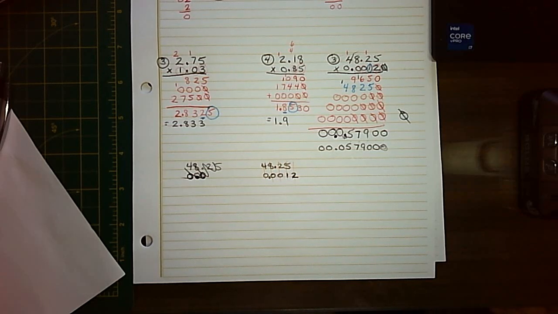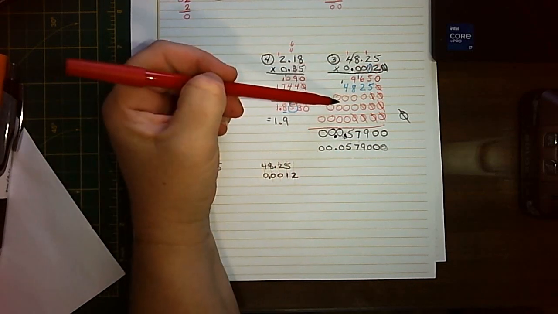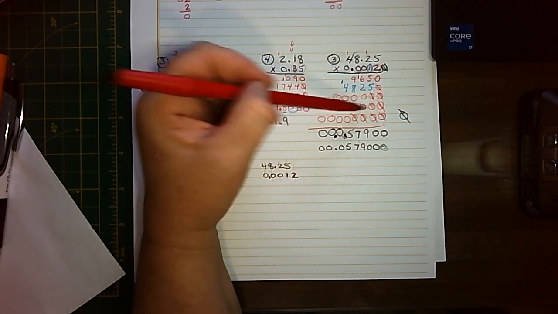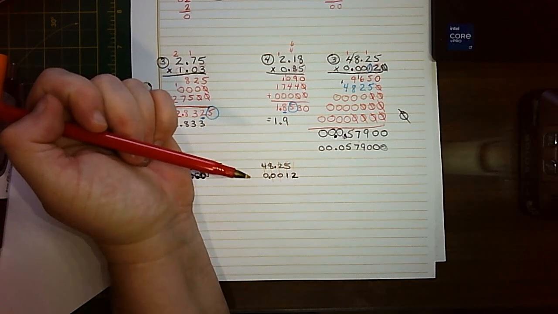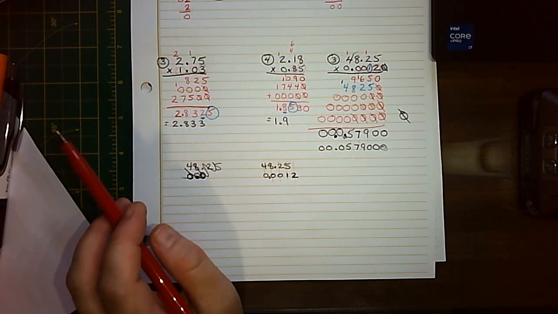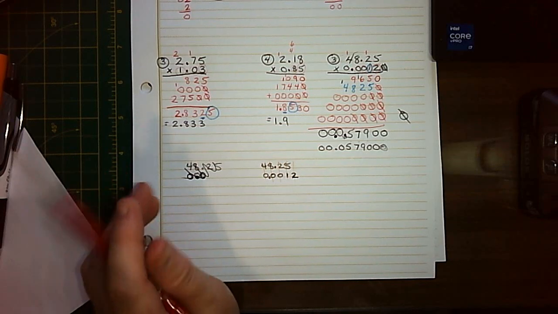I have to put those zeros in or it just doesn't make sense to me. You get the same answer. Honestly, if I was still going through school right now and this question came on a test, I would still be writing these zeros, just for the sake of making sure I was on track. I second guess myself.